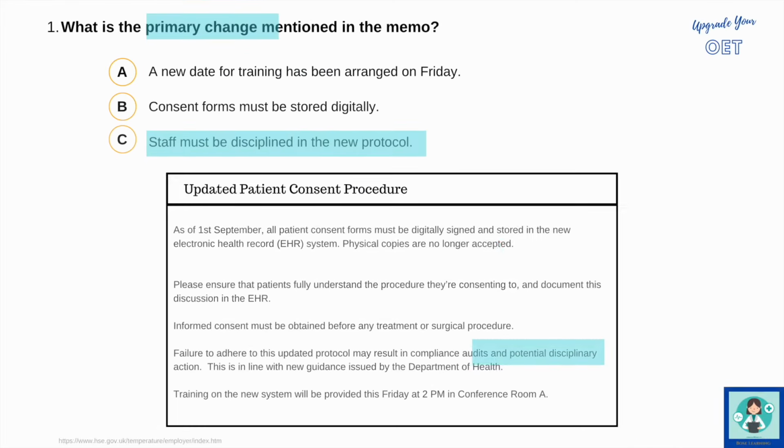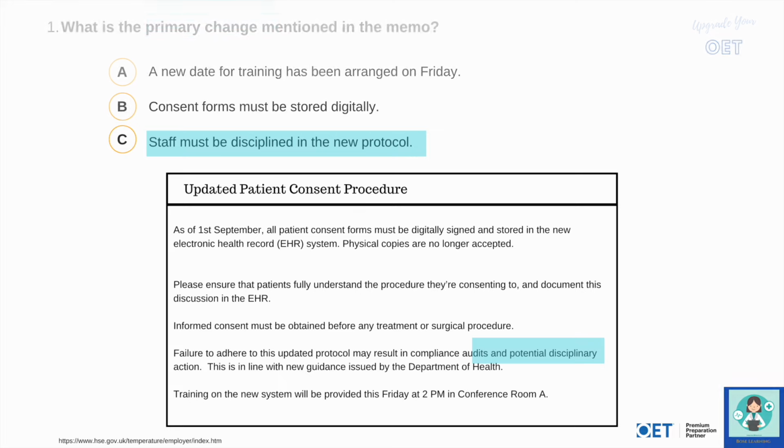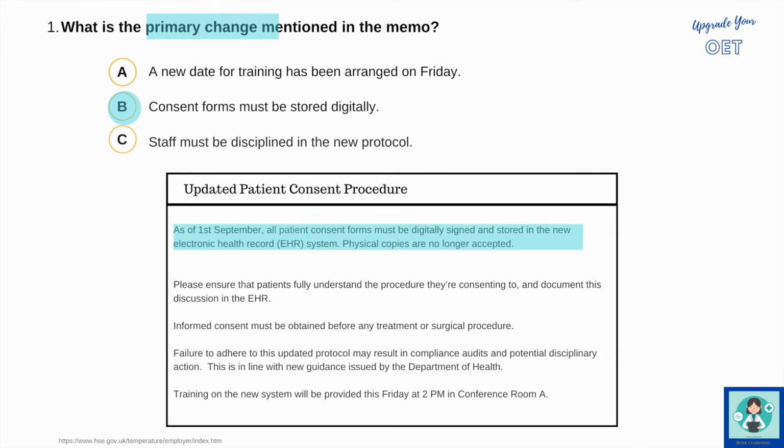Well, they do talk about potential disciplinary action, but that's a different sense of the word discipline. This is they could get into trouble at work if they don't complete this correctly, whereas here, disciplined means they must be regulated, they must be strict with themselves about following this protocol. So, of course, the option here is option B.